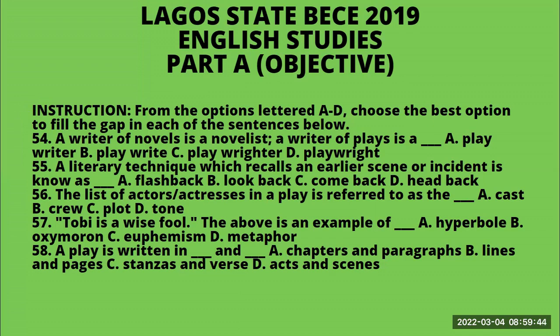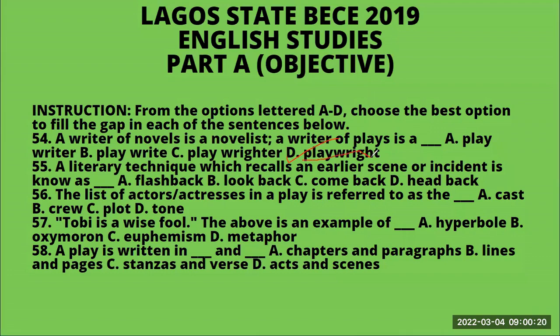A, playwright, no. B, play and write, no. C, playwrighter with writer as W-R-I-G-H-T-E-R, no. D, playwright, P-L-A-Y-W-R-I-G-H-T, that is absolutely correct. Okay, so let's tick the right one.